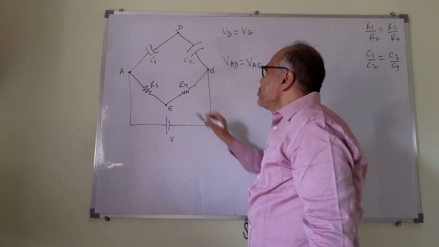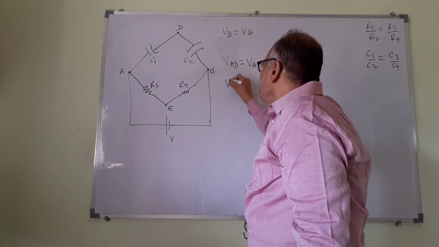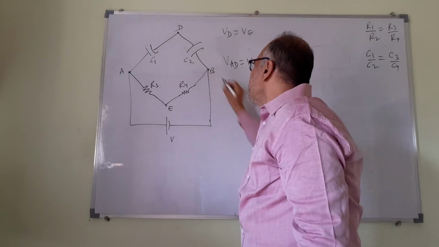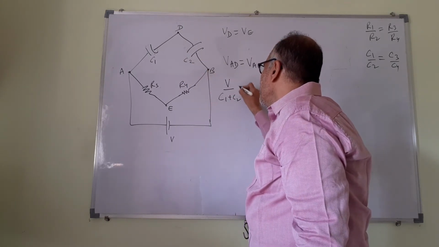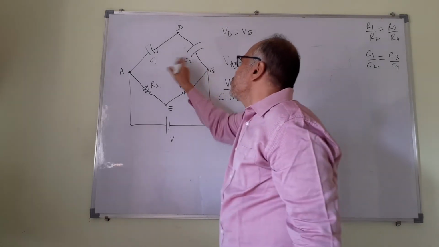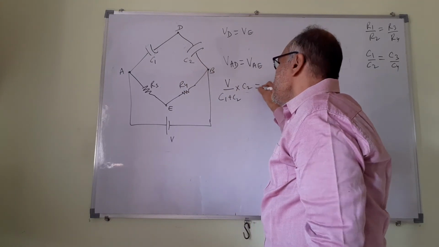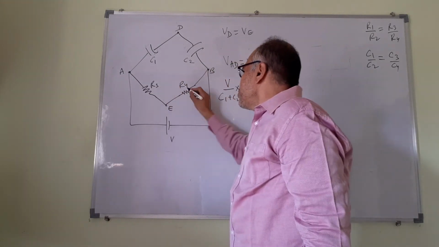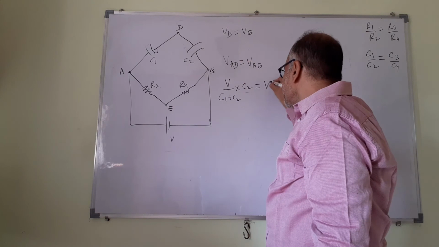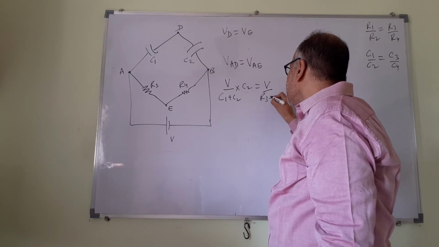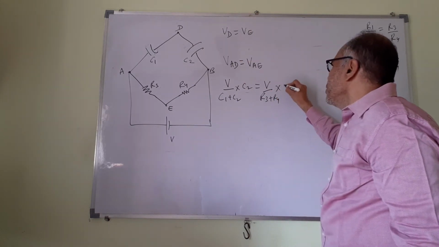That would mean VAD would be V by C1 plus C2 into C2, inverse ratio of the capacitances. VAE, direct ratio of the resistances, V by R3 plus R4 into R3.